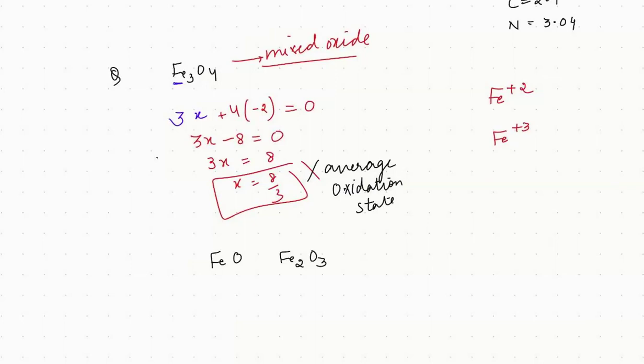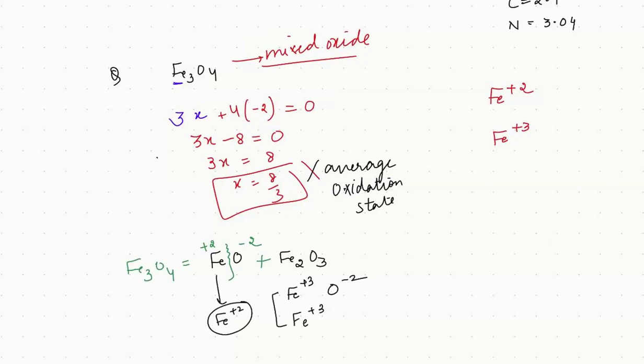You understand? So basically, Fe3O4 is a mixture of FeO plus Fe2O3. Did you understand the point? And here it is going to be Fe+3 and O -2. So you will say that Fe2O3, when it breaks down, gives 2 Fe+3 and 1 Fe+2.